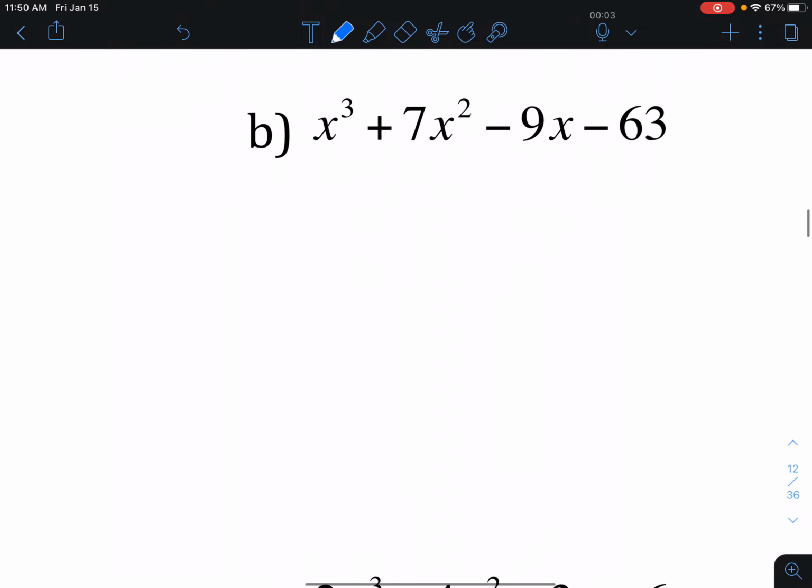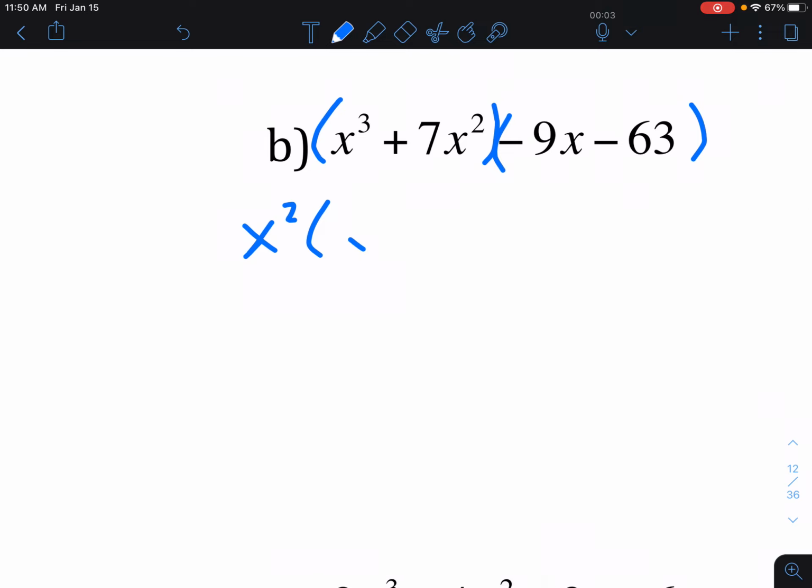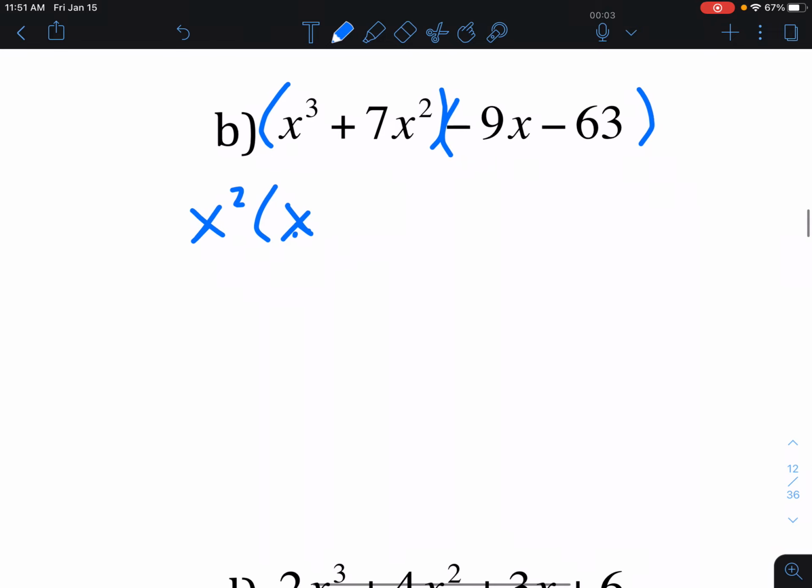Okay, letter B, factor by grouping again. So put in your 2 groups. Your GCF of the first group is x squared. Divide: x cubed divided by x squared is x. Plus 7x squared over x squared would be 7.